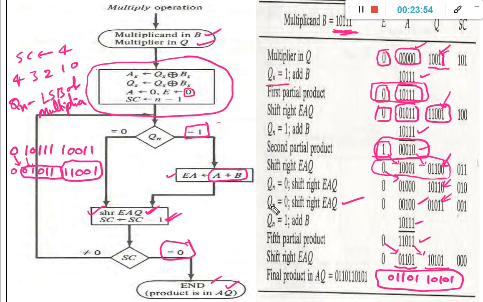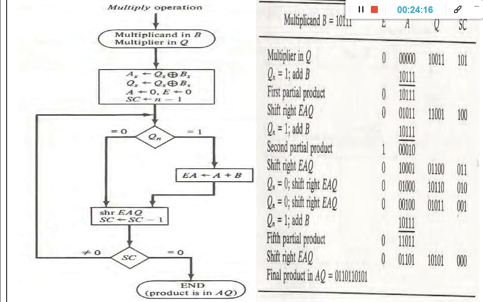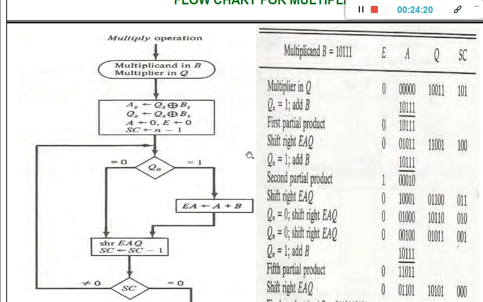However, if you alter the sequence like this, we need not store the intermediate results separately, but we update the intermediate result and store it in the same register. What is that register? Register A. Like this we perform the multiplication very easily for signed magnitude representation.